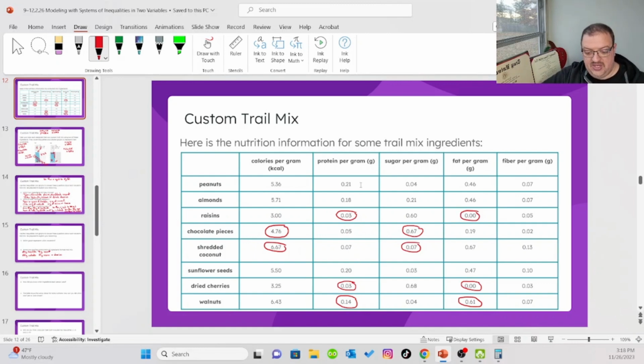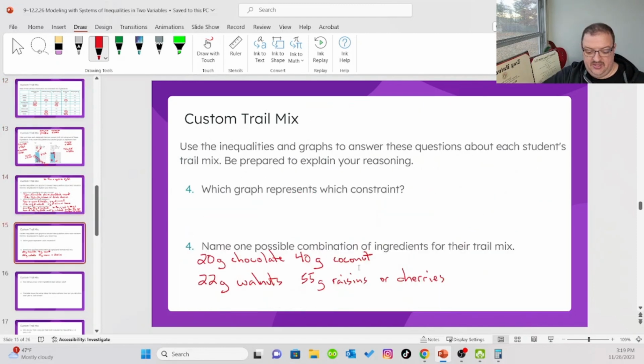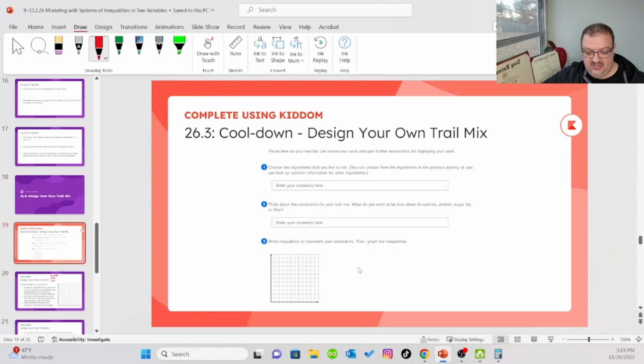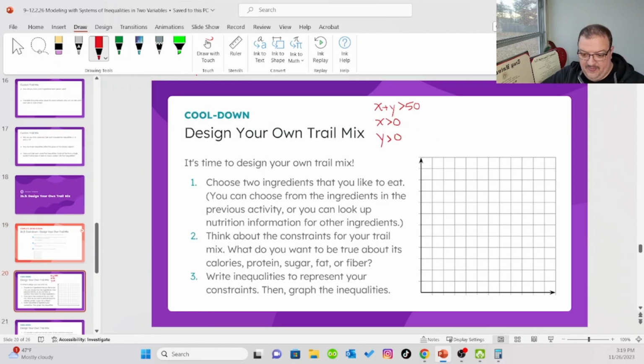So I want to say 0.21x. I'll make peanuts my x, and I'll make sunflower seeds my y. So we'll say x is peanut grams, and y is sunflower seeds grams.